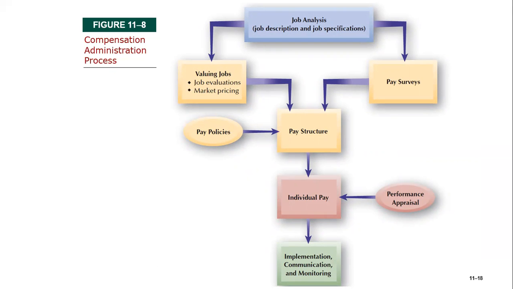So for that you need to conduct job analysis. You have to study JDs and JS. Then you have to go for valuing the job. You have to evaluate the job. You have to do market pricing. You have to ensure how much is paid for a specific job.